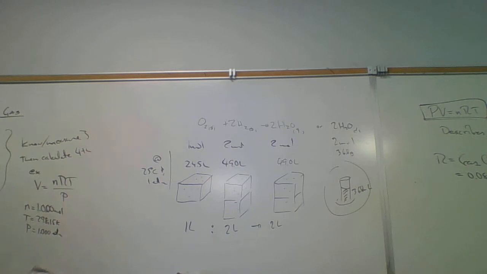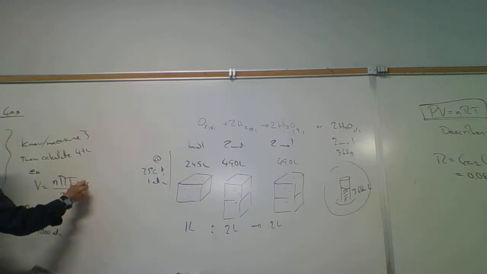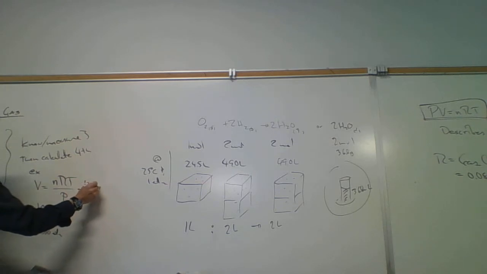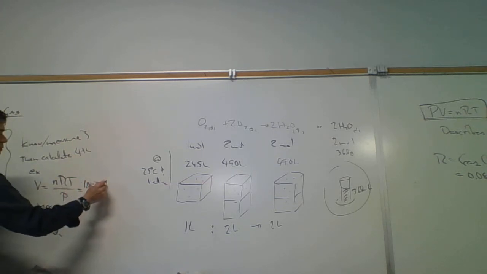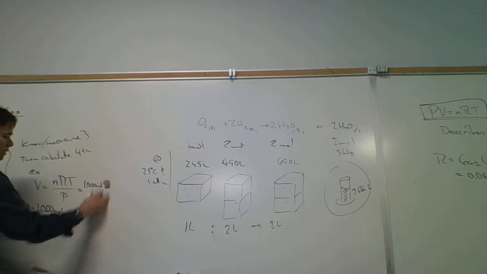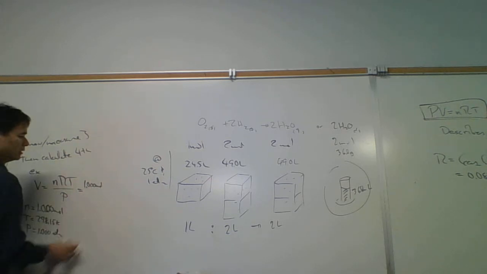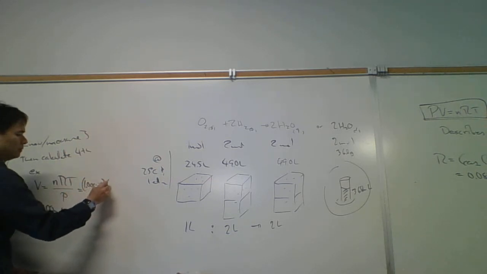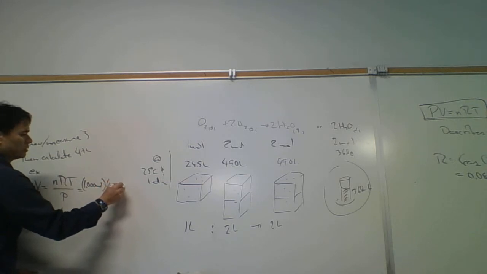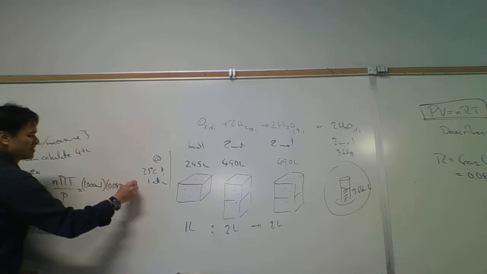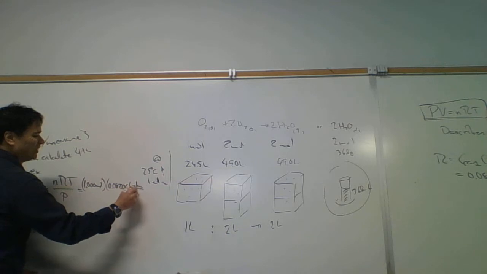Okay, and so we just plug in the numbers here. This is just going to be 1.000 moles, and then R is 0.08206, that's given, liters times atmosphere divided by mole Kelvin.